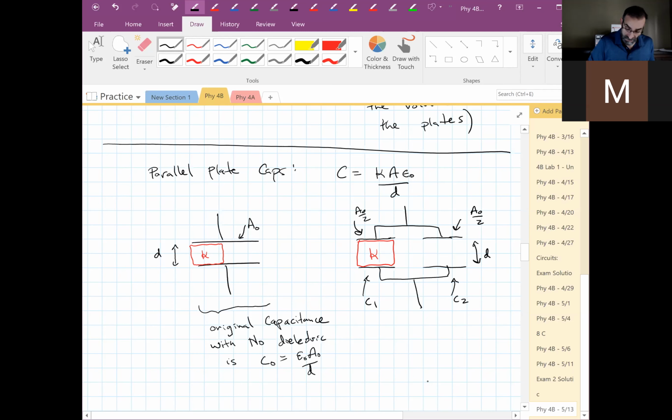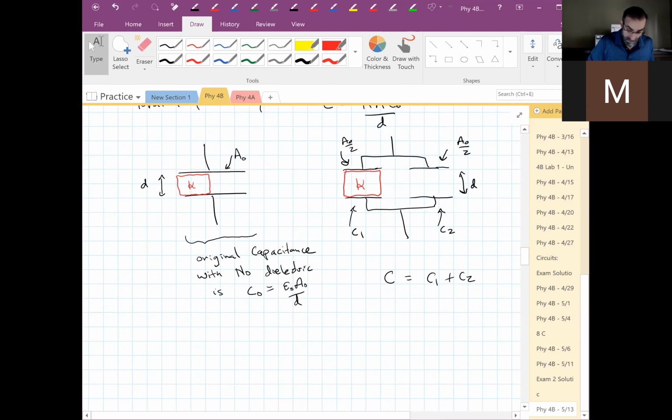And so we could call this C1, and we could call this one C2, and the total capacitance is going to be, they're in parallel, right? C1 plus C2. And what is C1? C1 is kappa epsilon naught times the area, which is A over 2, over the distance.